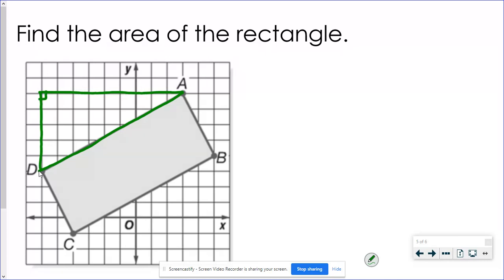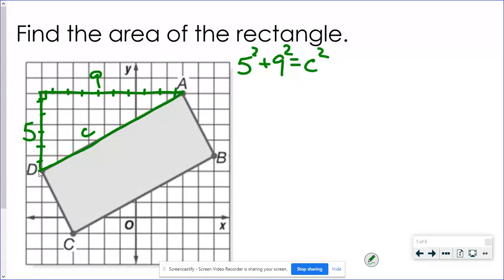Now that AD is my hypotenuse, this side is 1, 2, 3, 4, 5. And this is 1, 2, 3, 4, 5, 6, 7, 8, 9. So I would have to do the Pythagorean theorem to find out how long the hypotenuse is for the longer side of this rectangle. So I would have 5 squared plus 9 squared equals c squared.